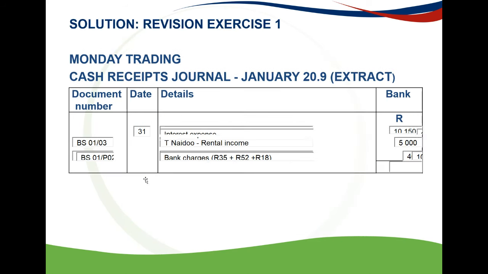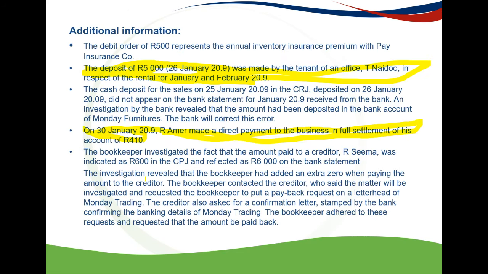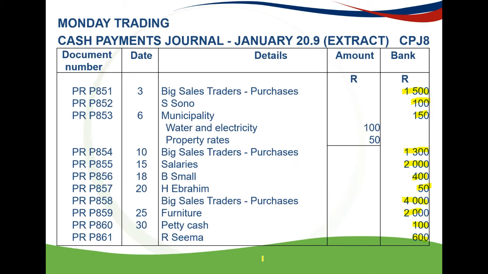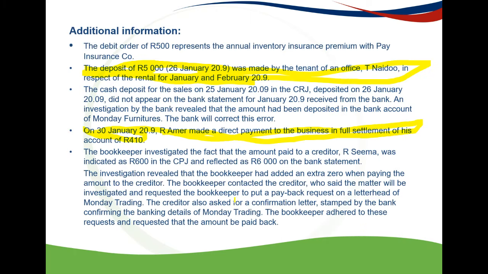Then let's go and see what we still need to record. Oh, there's the debit order from Pay Insurance Company, 500. So that we still need to go and record. So that is still an entry because we did not record it in our cash payments journal. We forgot about that one.